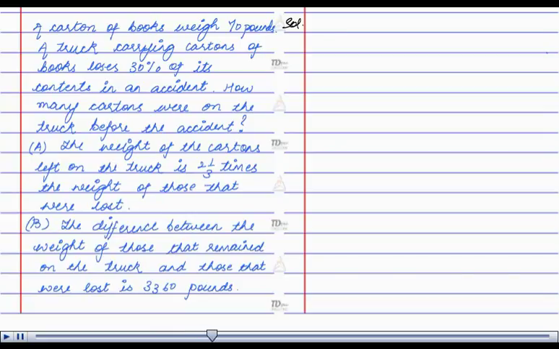From statement A, the number of cartons left is 2 1/3 times the number lost. But this information has already been given in the question, that 30% is lost. Hence, statement A adds no new information to the question.